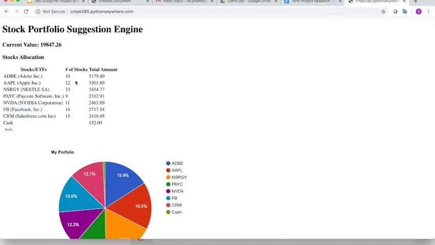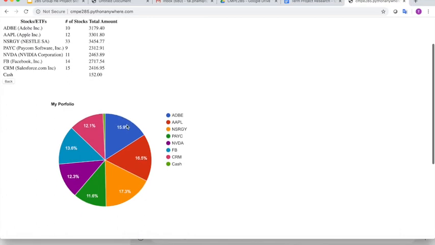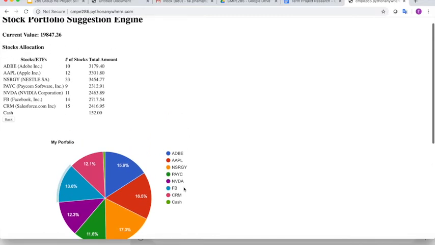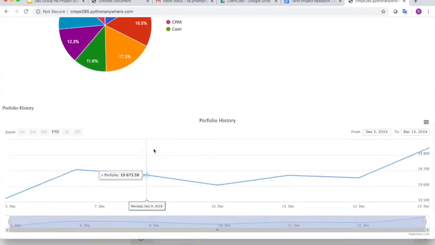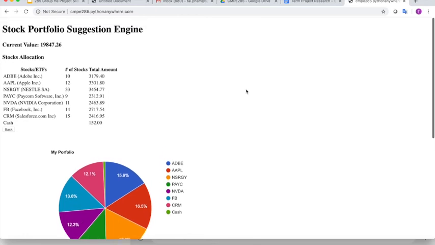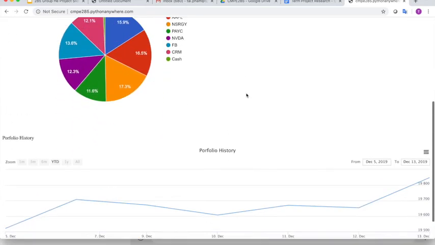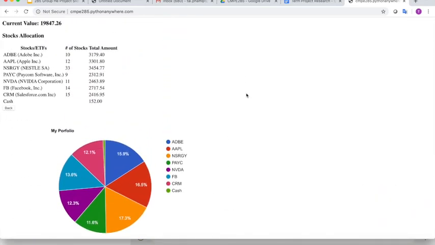The portfolio here shows the suggestions of the engine by stock and the graphical representation of the stocks that we buy. And again we can see the portfolio history for the last 5 days of our portfolio. So this is the end of the 6th test case.